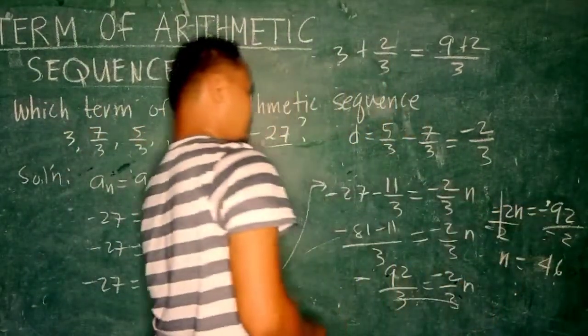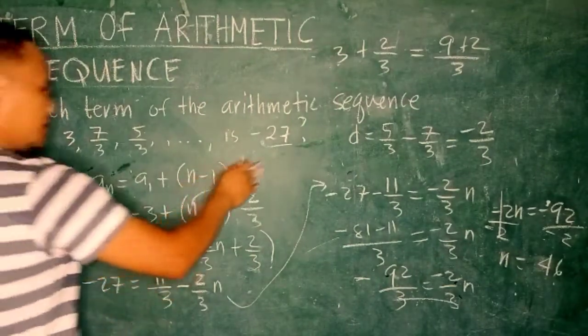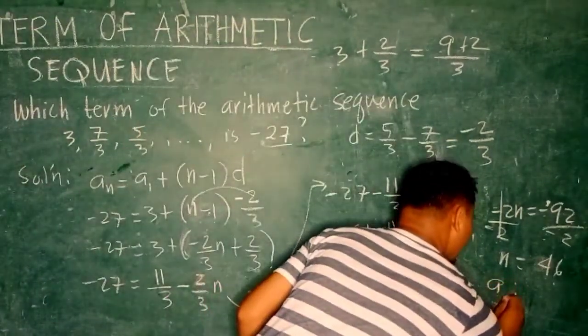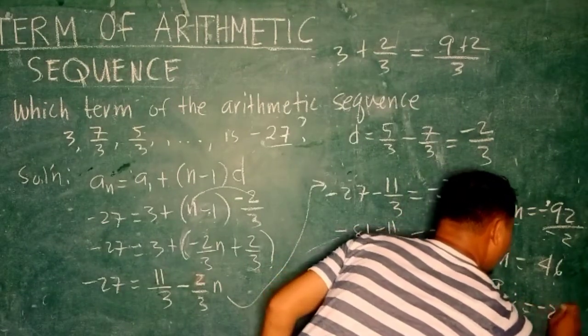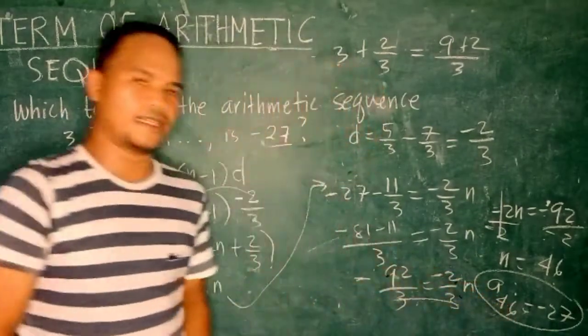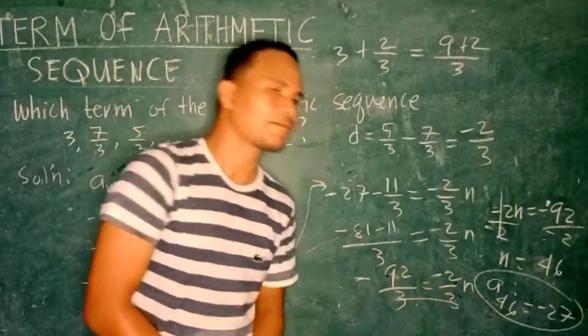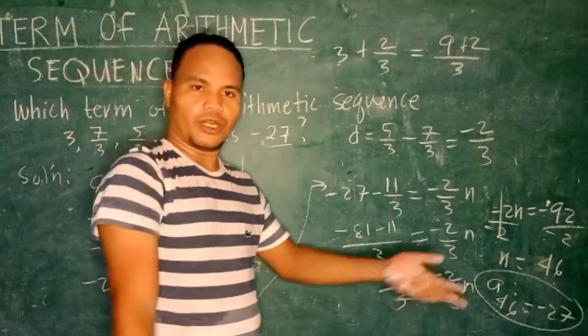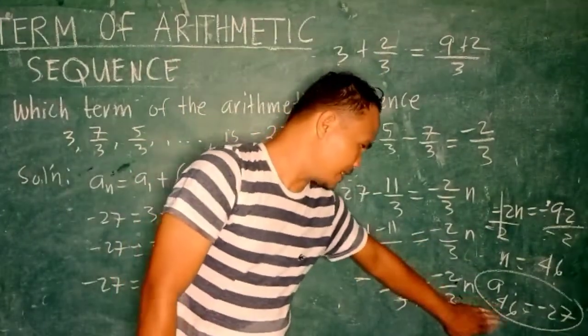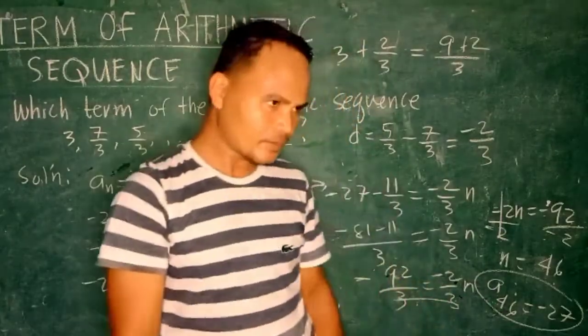So, n is equal to 46. Therefore, we can say that negative 27 is the 46th term. That is our final answer. Not n equals 46, but the 46th term is negative 27.